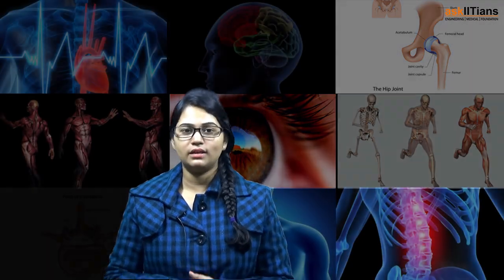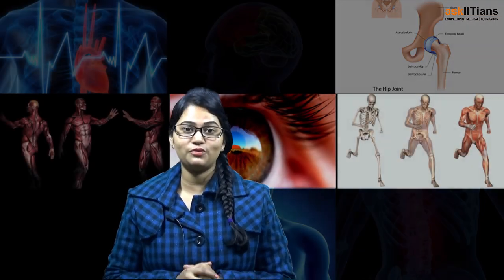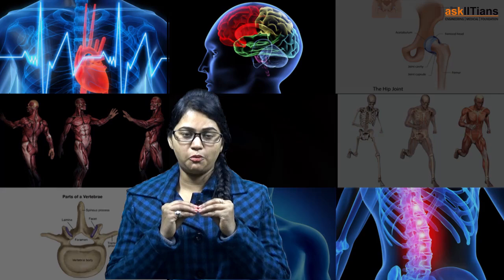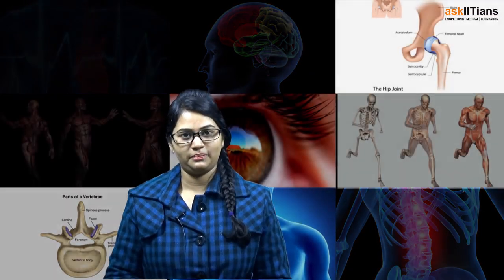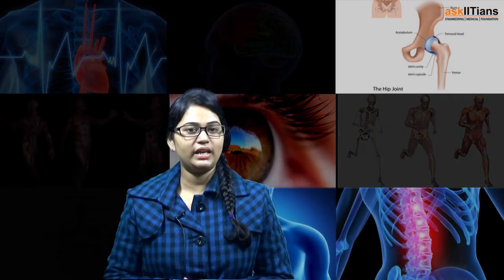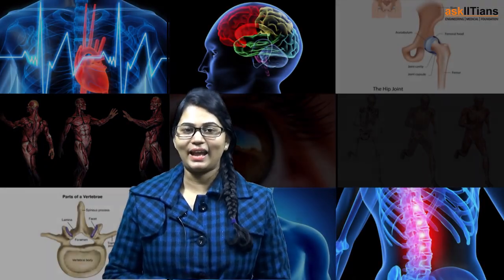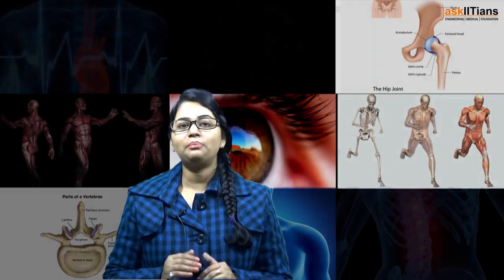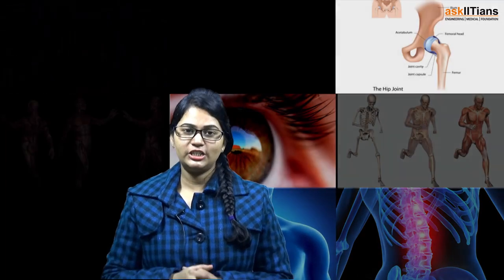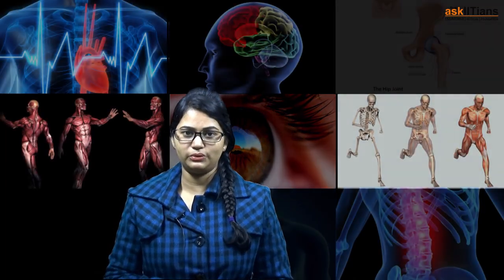We also learned in this chapter about the types of joints that join two bones. And lastly, we have understood the types of disorders found in bones and joints. Hope this complete chapter is now clear to you.